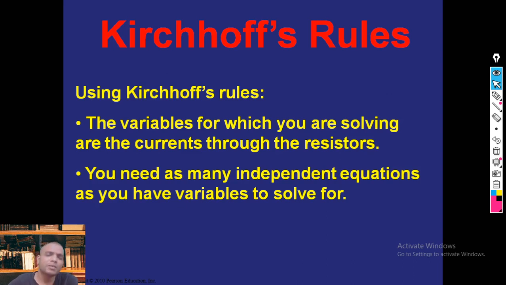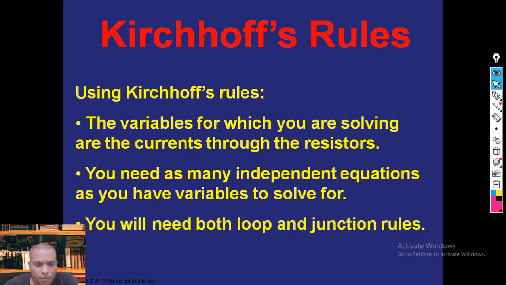What is the meaning of independent equations? Depending upon our circuit, we get equations from each loop. And to write the equations, we need both the loop rule and the junction rule.